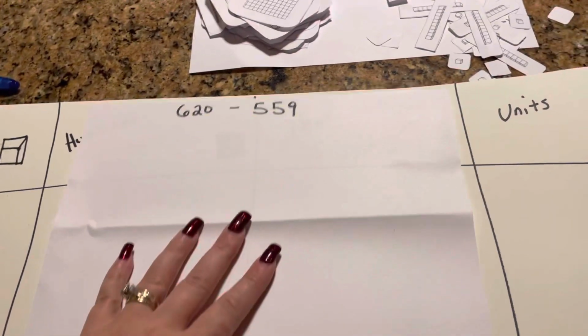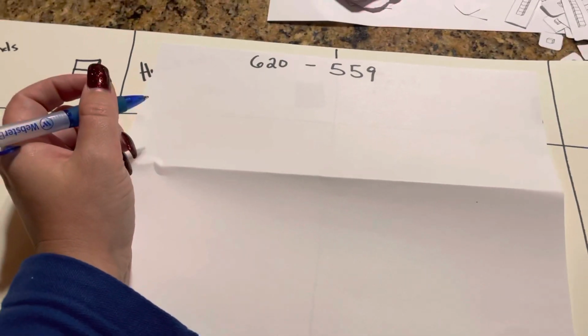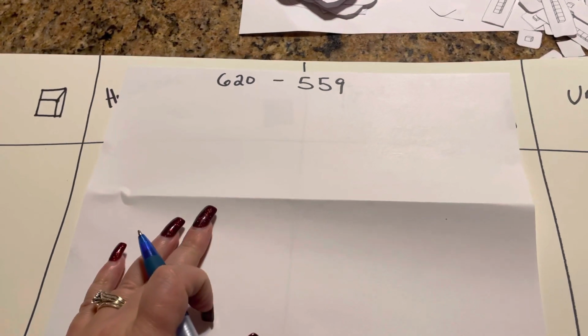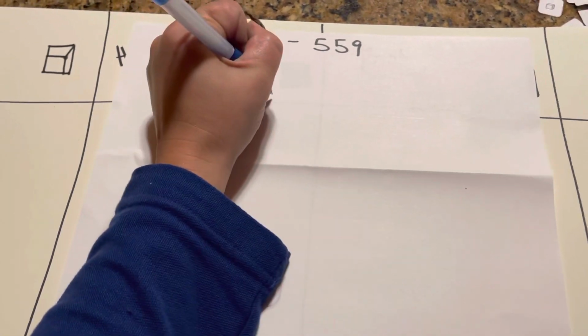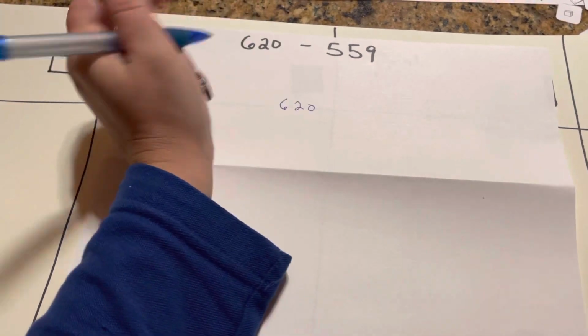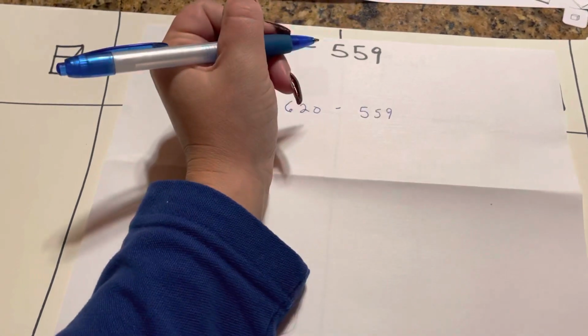Now to do this in an instructional algorithm, I would write this problem out as such. 620 minus 559.